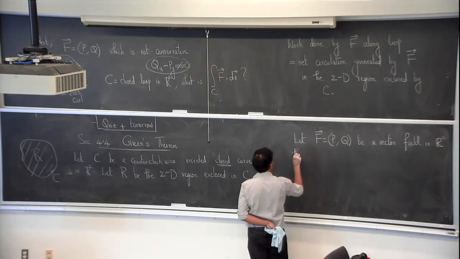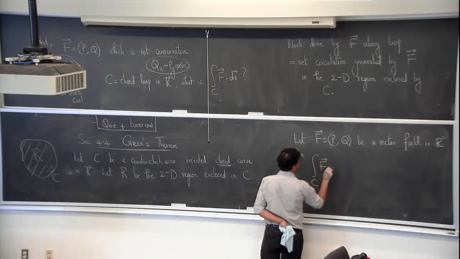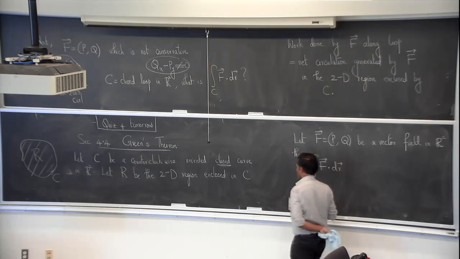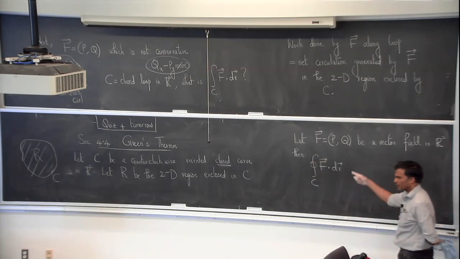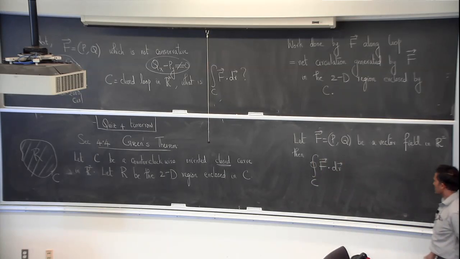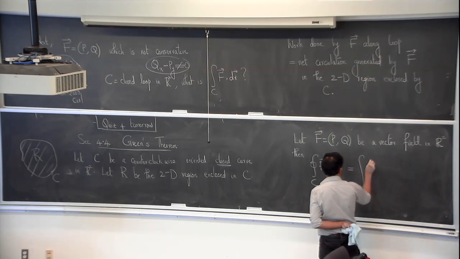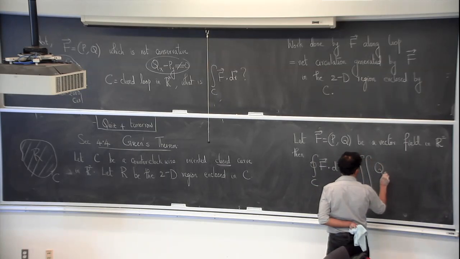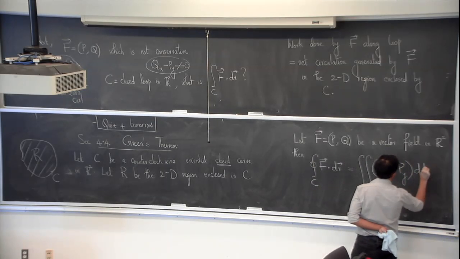Then the integral along C of F dot dr. Those of you who have probably taken some physics might have seen some kind of a loop around the integral sign. That just says it's a closed loop integral. So the integral along C of F dot dr along a closed loop C is a double integral of the rotation Qx minus Py dA on the surface R.